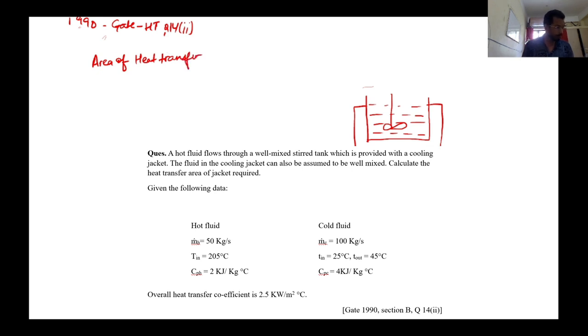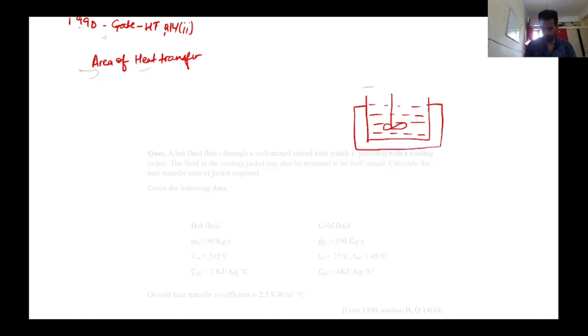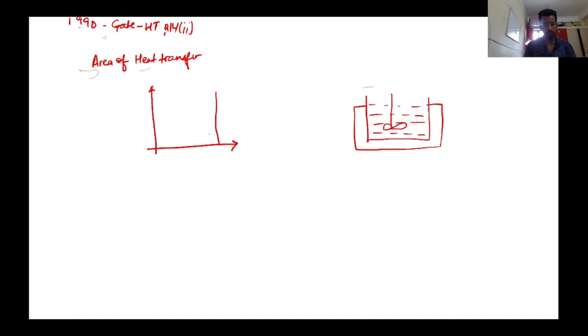The following data is given for the hot fluid. So this is a very simple question, straightforward. We will use just two formulas, but very first we will make the temperature profiles. In a jacketed tank, the flow is always counter current.